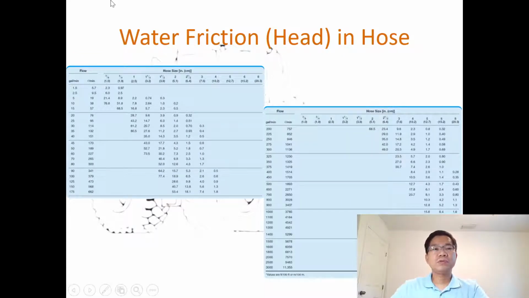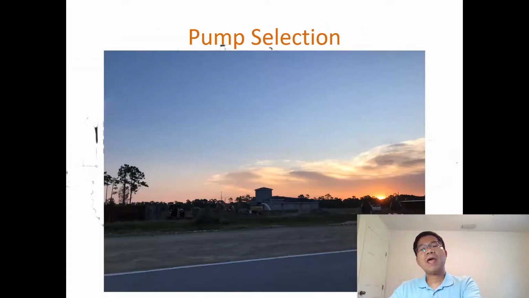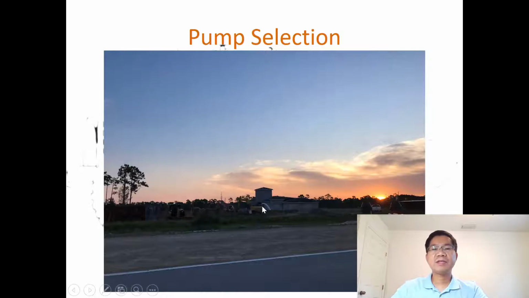And for the hose, do the same, table 9.8, so that we can determine what is the flow and what is the hose size, basically the nominal diameter. We can determine the head loss through the hose. And for the pump selection, as I showed you, the project near our area on Three Oak Parkway and Pie Chase Road is still under construction at this point, and they need water dewatering.